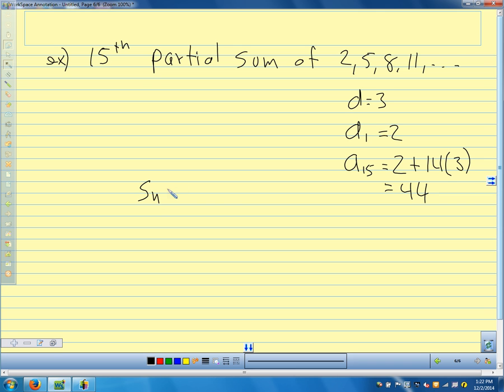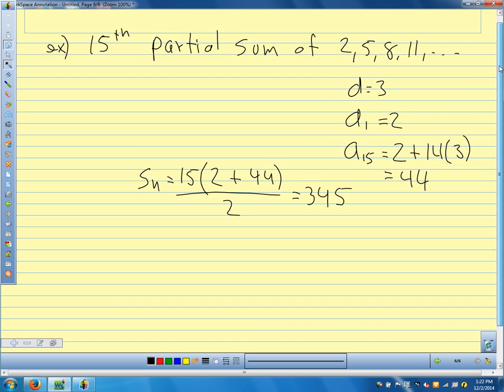S sub n equals, how many terms are we adding together? 15 times a sub 1, 2, plus a sub n, the 15th term, 44, divided by 2. Calculate that out and we get 345. So nice easy formula to work with. All right, questions on that example?